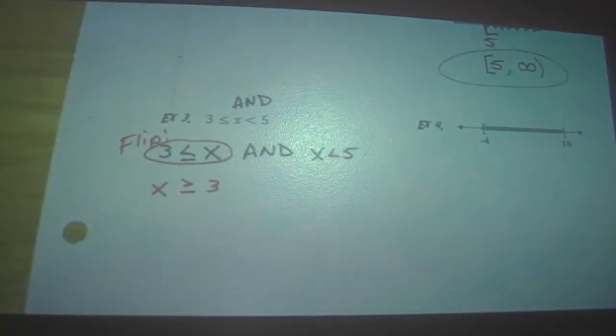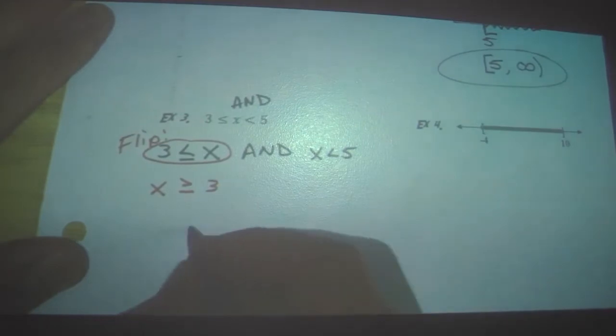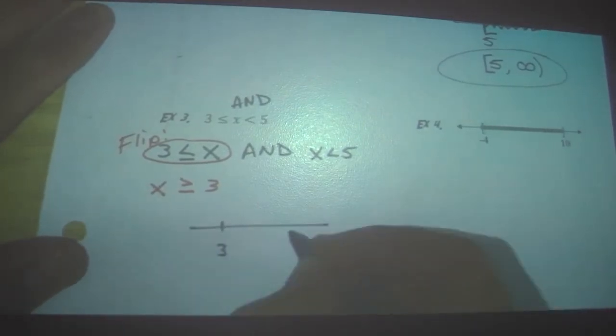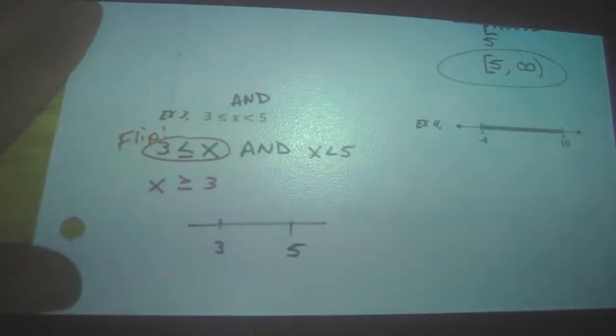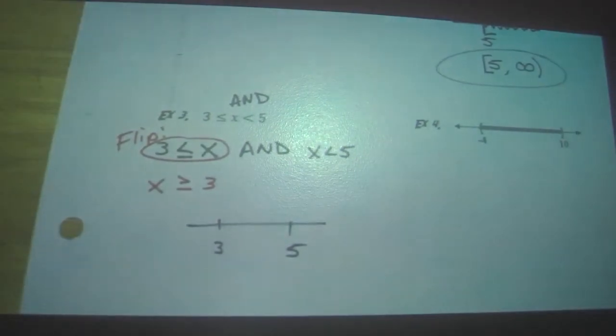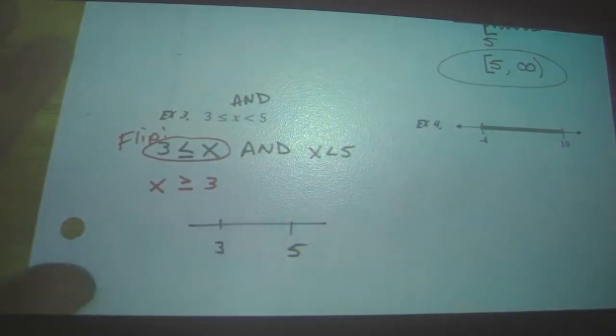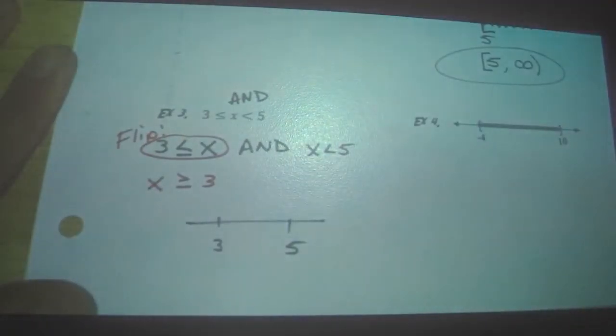All right. Let's put this into action. Here's 3. Here's 5. X is greater than or equal to 3. Parentheses or brackets, left or right? X is greater than or equal to 3. Devin, what do you say, bud? Parentheses or bracket, left or right? X is greater than or equal to 3.